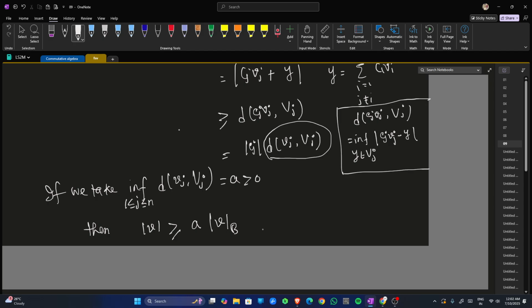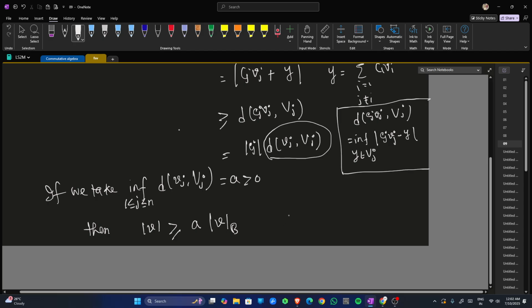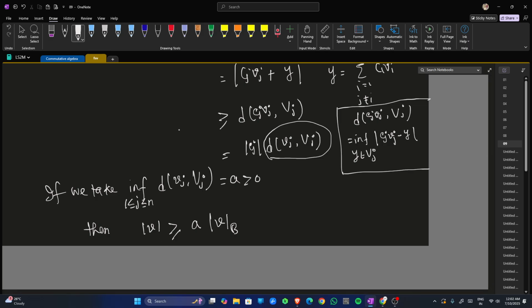So we prove the reverse inequality. We need it. This is the norm of v, greater than or equal to this. If I take the infimum over j, we are done, right? Just a minute. Is it correct or not?